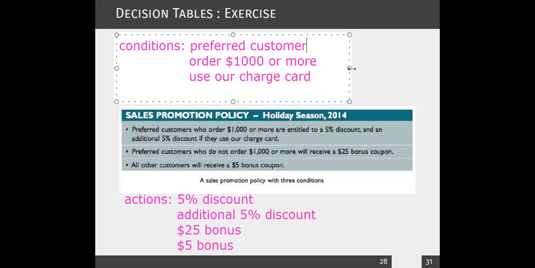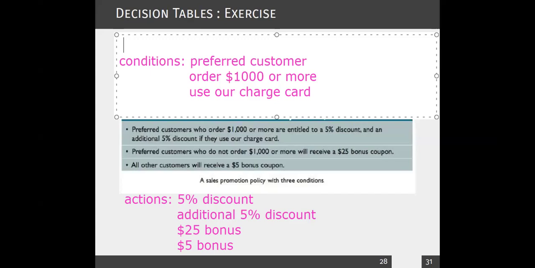Now, how many rules? What are the rules? How many rules can we generate? We have 8 rules, right?